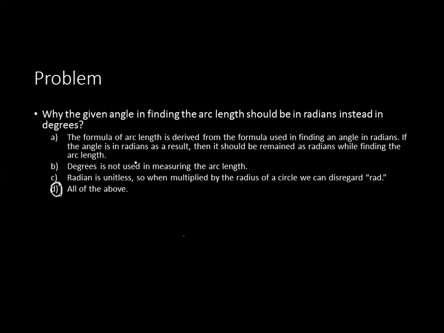Why all of the above? Let's start first with the A. Yes, this one is correct though, because you see the formula for finding the angle in radians is this one, right? So here, the representation of the answer is radians, right? So whatever result you will have here, you will always have radians, okay? Just like what we did earlier. 1 meters divided by 1 meter is just 1, but since it's an angle, we're going to represent it with radian, right?